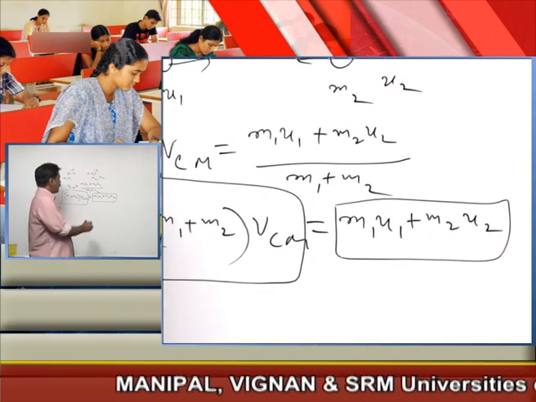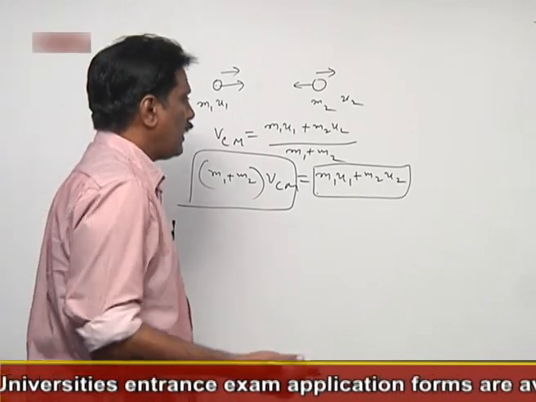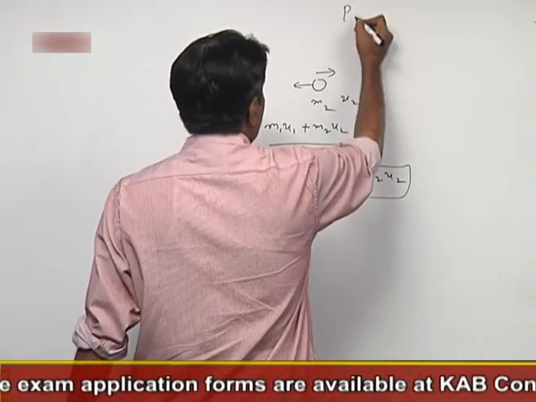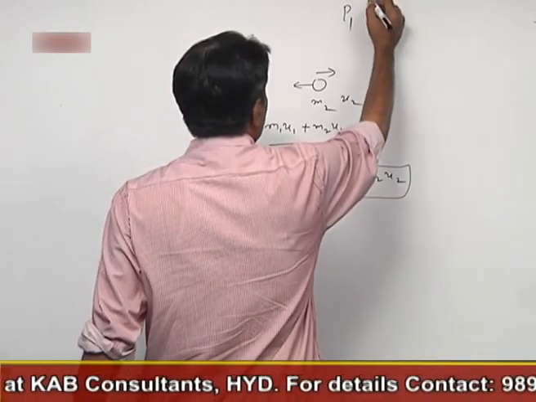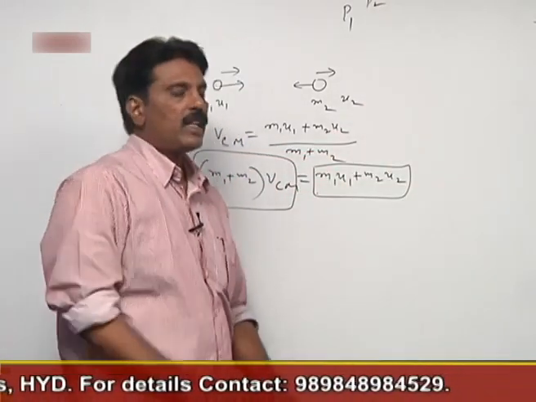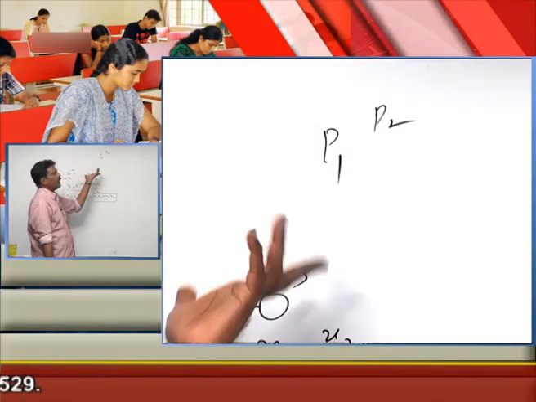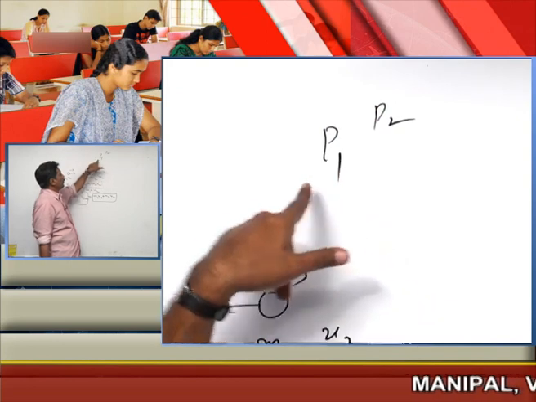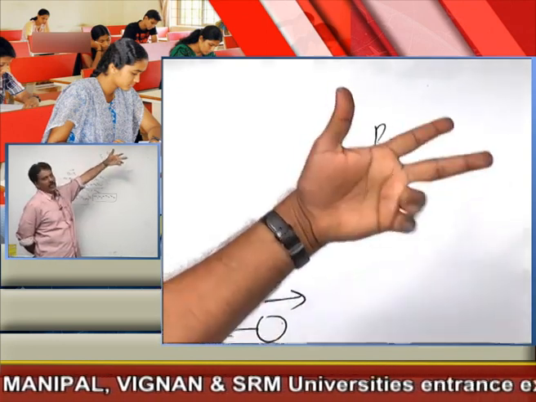So, the sum of the momenta of all the particles with respect to the center of mass means how much? Generally, suppose a particle has a linear momentum p1, another particle has a linear momentum p2, then the linear momentum of the first particle with respect to the second particle means p1 minus p2.